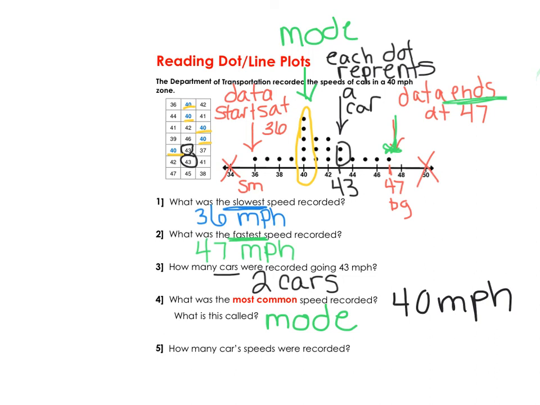But if you count up all the dots, 1, 2, 3, 4, 5, 6, 7, 8, 9, 10, 11, 12, 13, 14, 15, 16, 17, 18, 19, 20, 21. I count 21 dots. Remember, each dot represents a car, so therefore my answer would be 21 cars. And hopefully that helps you on how to read dot and line plots.